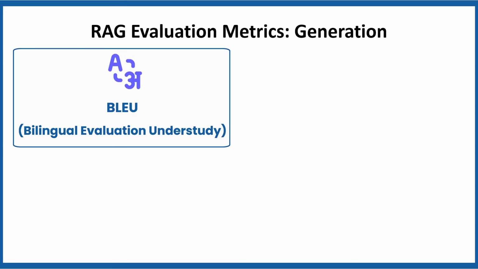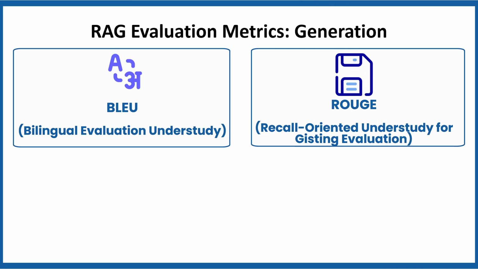For example, if a machine translated sentence uses the exact words, you would get BLEU high. ROUGE stands for Recall Oriented Understudy for Gisting Evaluation. ROUGE measures how much of the important content from the reference answer appears in the generated answer.